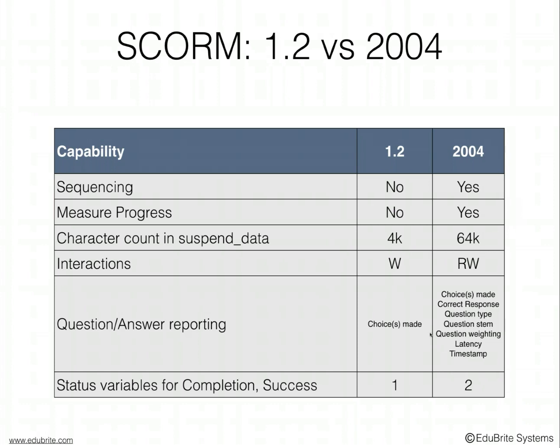So more granular reporting, deeper analysis, you'll be able to do more with 2004. And then this last one, the status variables for completion and success, that's only one variable for 1.2 and two variables for 2004. So they're separate for 2004, whereas they're combined or rolled into one with 1.2.